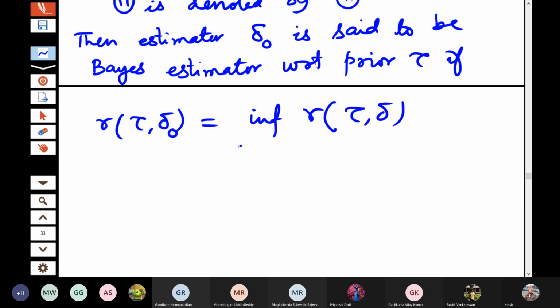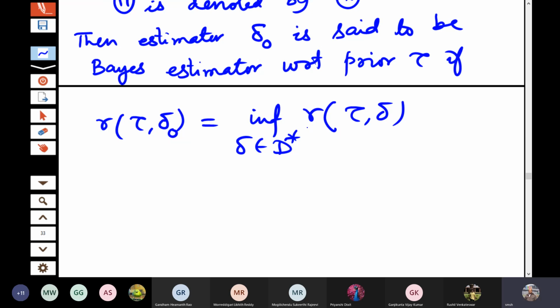For all delta, if the minimum Bayes risk is obtained by the estimator delta naught, then delta naught is said to be the Bayes estimator with respect to the prior distribution tau.